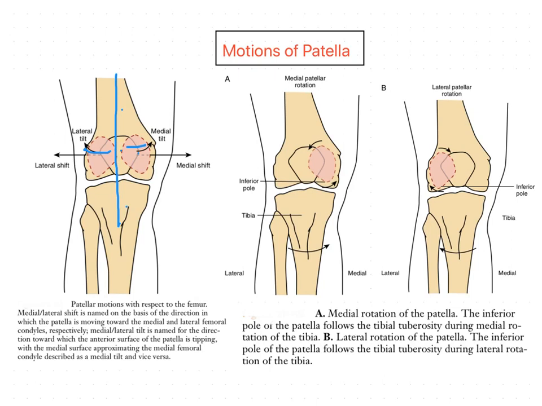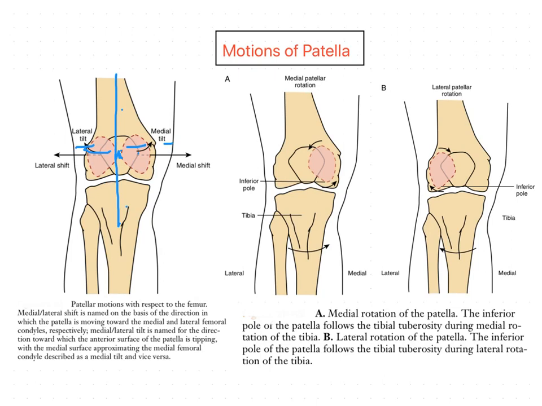Tilting about the longitudinal axis is termed lateral tilt and medial tilt, named for the direction in which the anterior surface of the patella is moving relative to the femoral condyles.